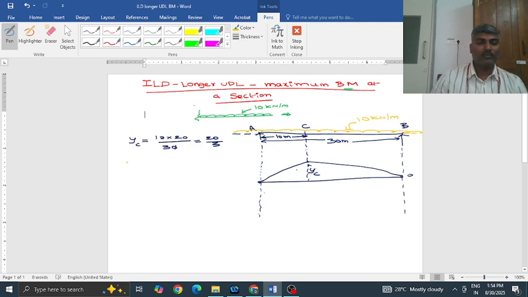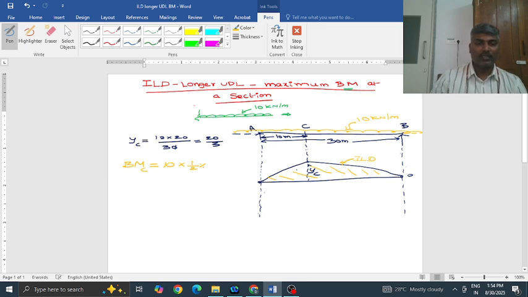Now the function we want here is the bending moment at C. The value of the function is nothing but the UDL value multiplied by the area of the ILD occupied by the UDL, which is the total area.